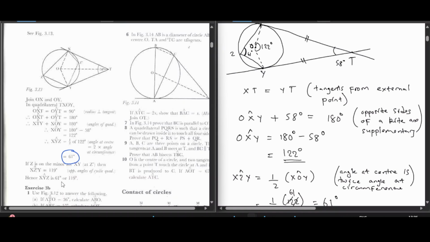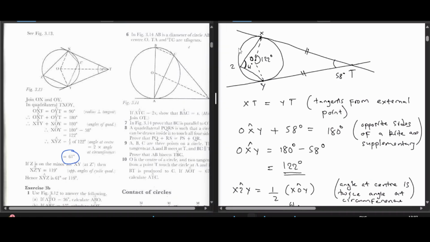What are they talking about? So we calculated and saw that XYZ is equal to 61 degrees, but they are making a further conclusion that if Z is on the minor arc XY, then XZY is equal to 119, opposite angles of a cyclic quadrilateral. Hence, no, don't go further like that, because the difference with the working they did and mine is that I did not add those extra lines.